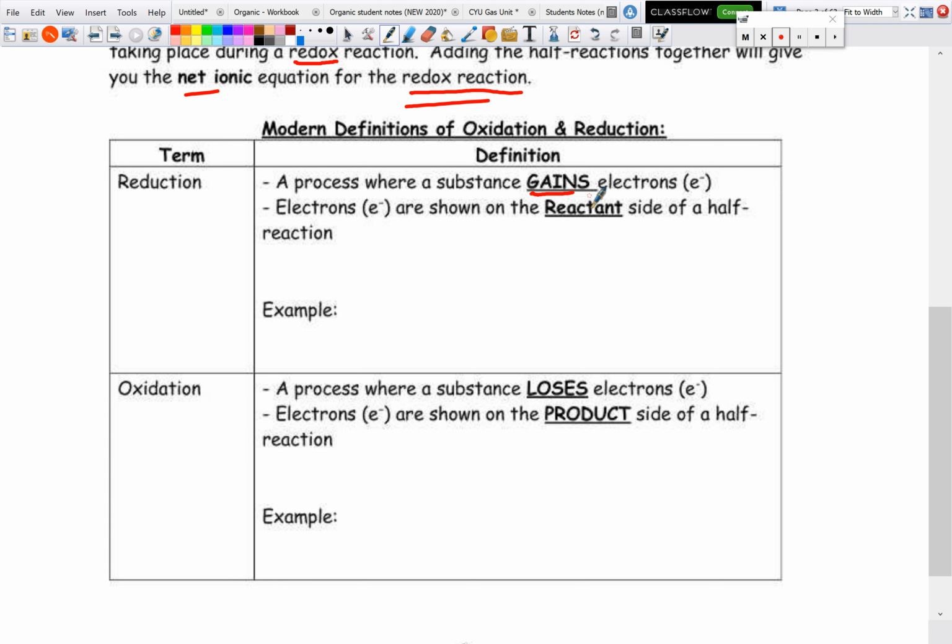So for example, if we had silver ions, and it reacts with one electron, we will get the silver element. Here we can tell that the silver ion has a +1 charge, so it's only going to react with one electron and produce our element. Now if we look at the charges, we balance by mass first.